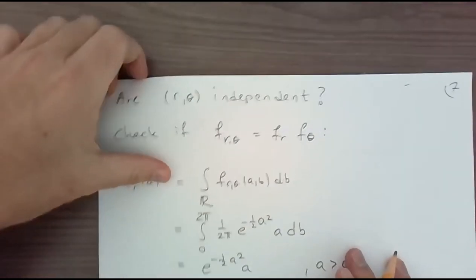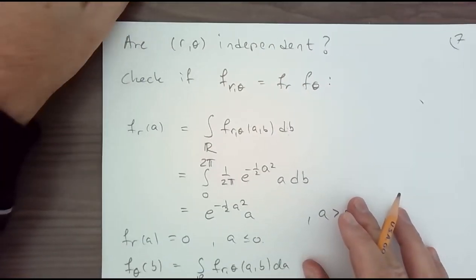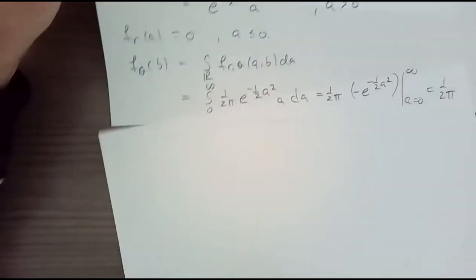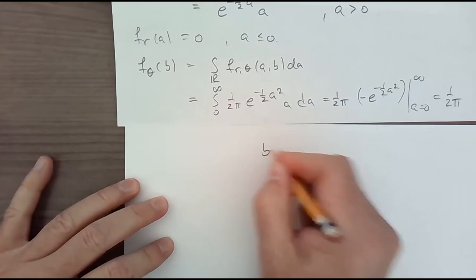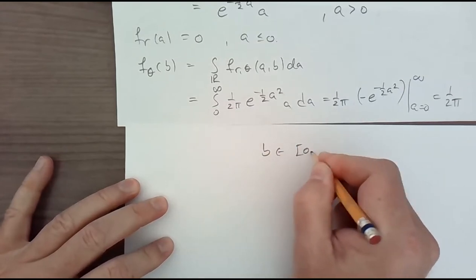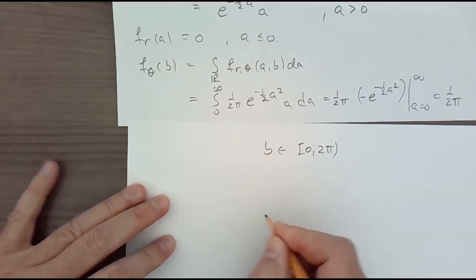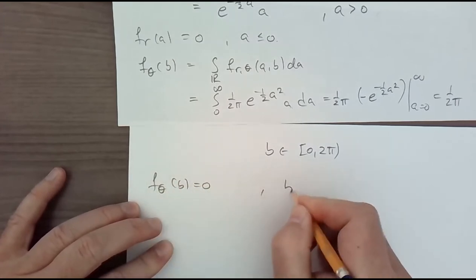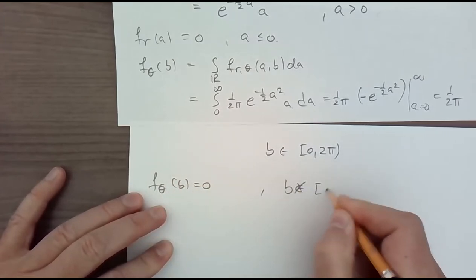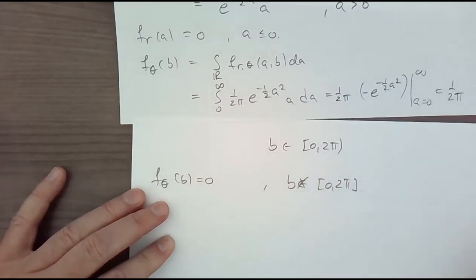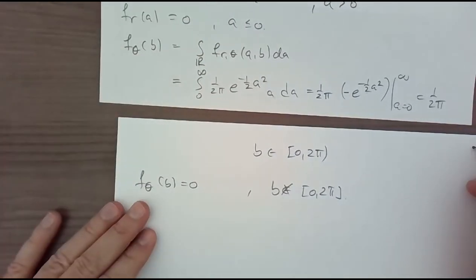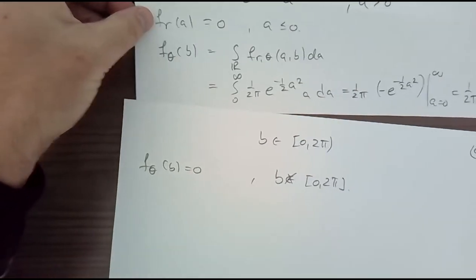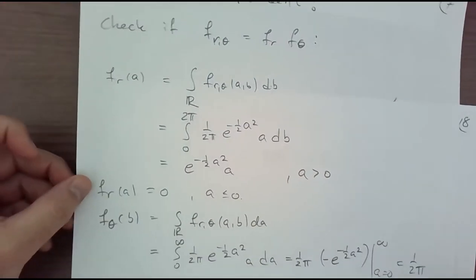When is that good? What is b? b is my theta variable, so this is good for b between 0 and 2 pi. Otherwise f theta of b is equal to 0. So this gave me formulas for the marginals.